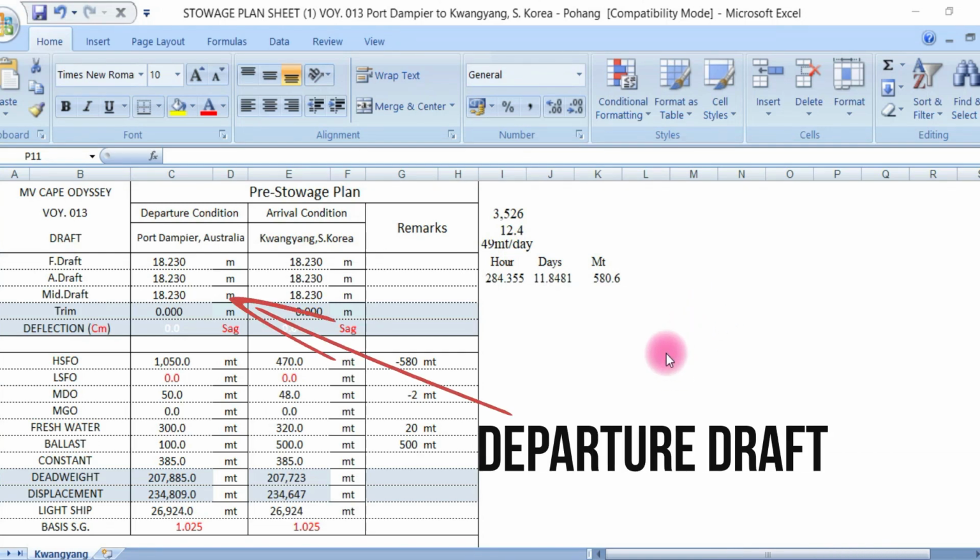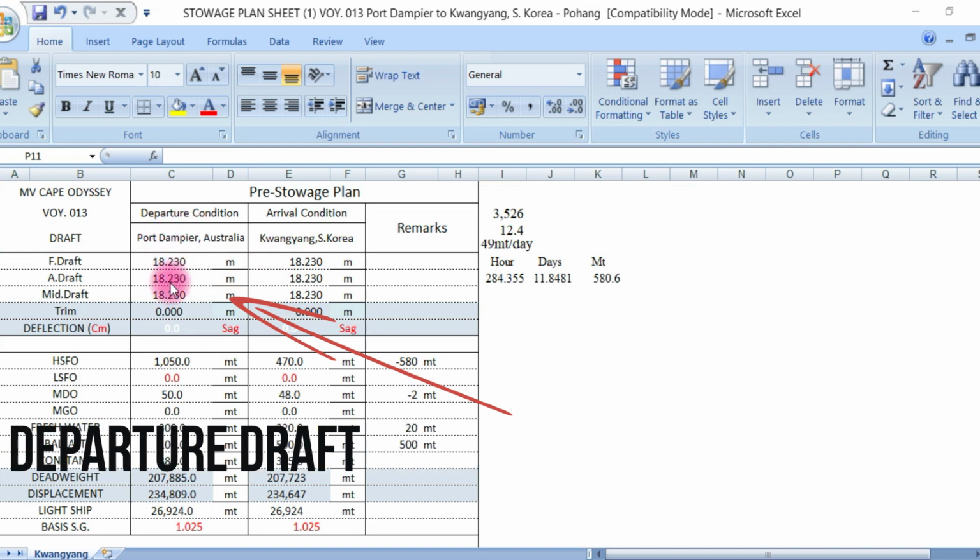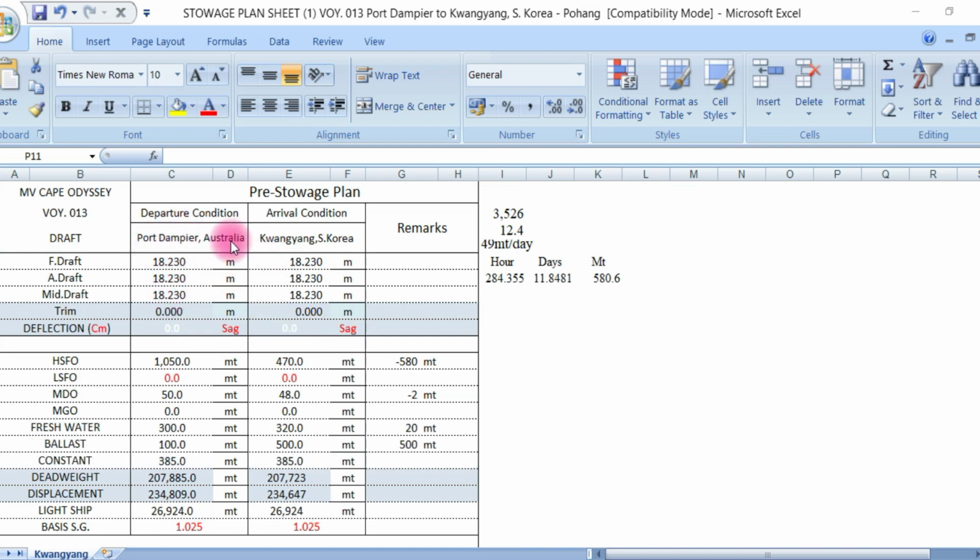My presentation for tonight is this pre-stowage plan. The departure draft at Port Dampier is 18.23 forward, aft, and midship, so he is on even keel.